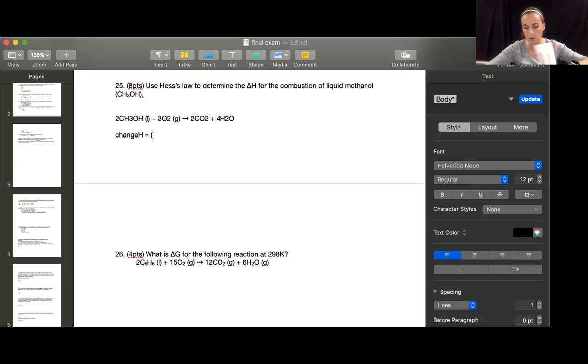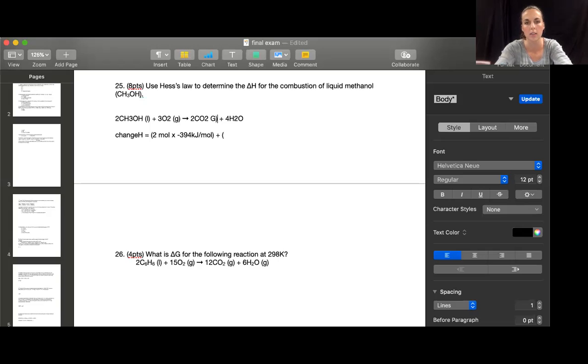And that's in gas form, negative 394. I have 2 moles of it. So 2 moles times negative 394, and you know that's kilojoules per mole. Plus, and then I've got H2O, and I forgot to put our phases here.